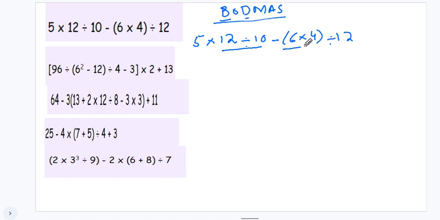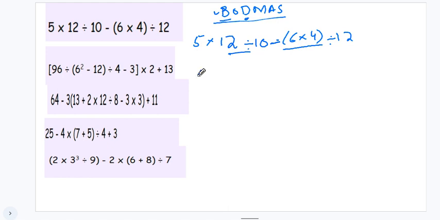Brackets, sorry, first of all you need to do bracket. So what I need to first? Brackets, right? And then what I have? Division, this one. And then we have multiplication, addition and subtraction.